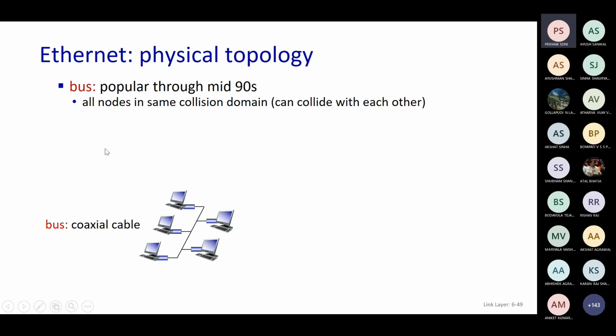All of the nodes connected to this bus will be in the same collision domain. That means if more than one of these hosts tries to send data at the same time, this might cause a collision between the data that has been sent, and it may lead to loss of data.